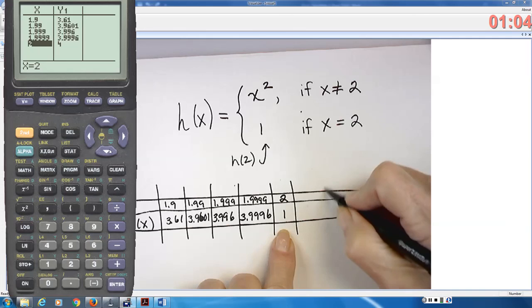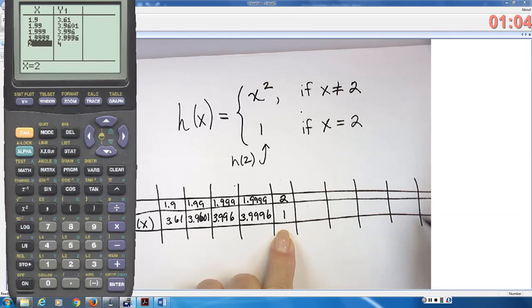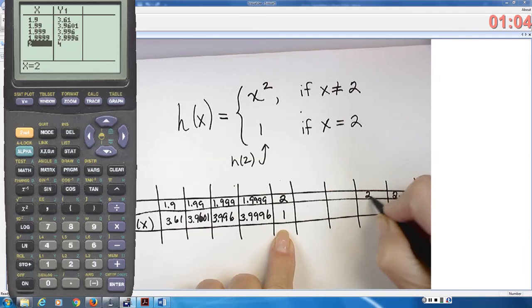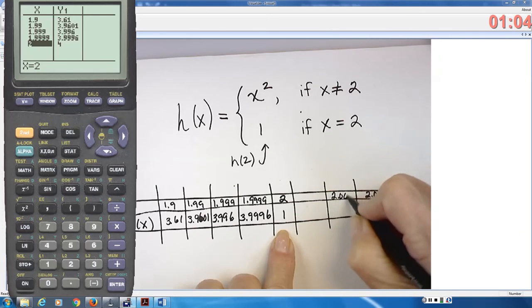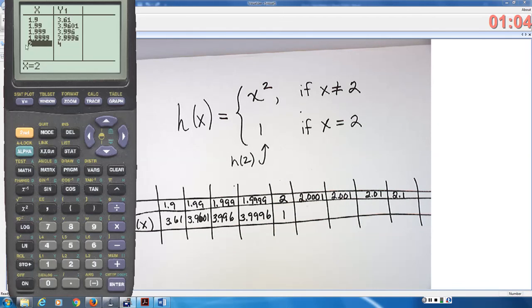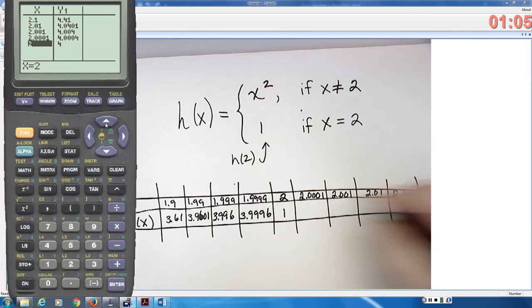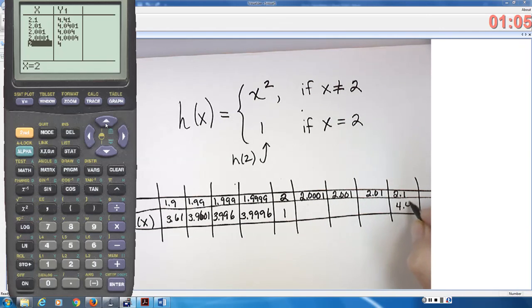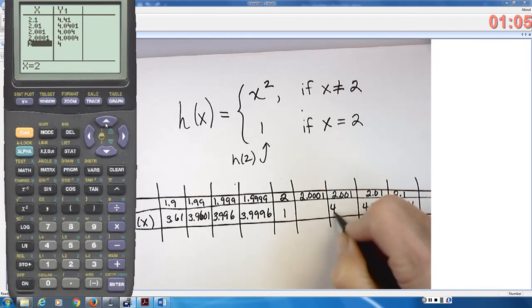And if I come from the other side and start at 2.1, 2.01, 2.001, 2.0001, then what I see here is that it starts out at 4.41, then it goes down to 4.0401, then 4.004, and then 4.0004.